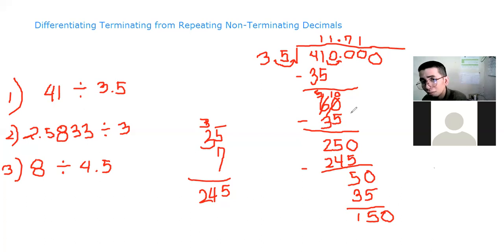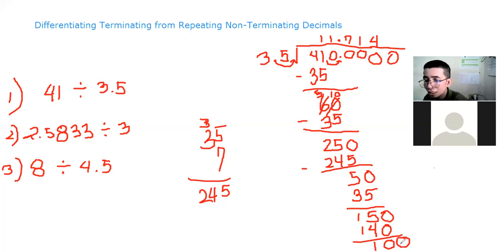So ilang 35 meron kay 150? 35, 70, 105, 140. We have 4. Lalagay natin si 4. Then 4 times 35, that is 140. Then magkakaroon tayo ng 10. Add tayo ng 0 dito.